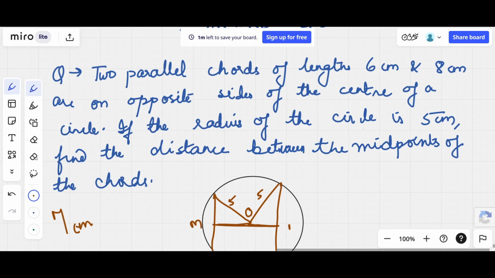Correct? So to make this the midpoint, we will say OM is perpendicular to AB. Right or wrong? It has to be perpendicular. This is also perpendicular. Now what?